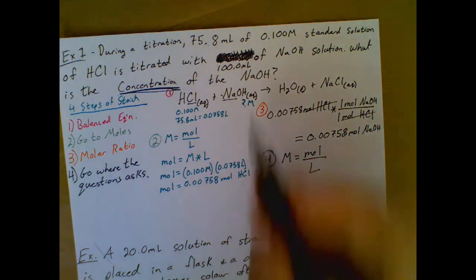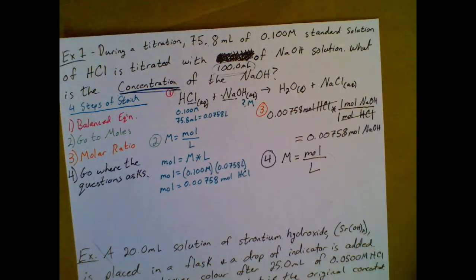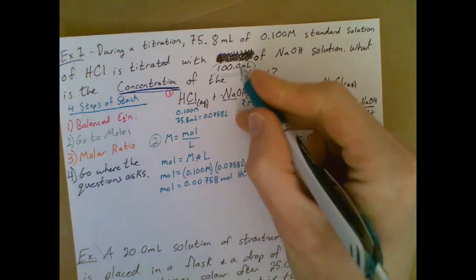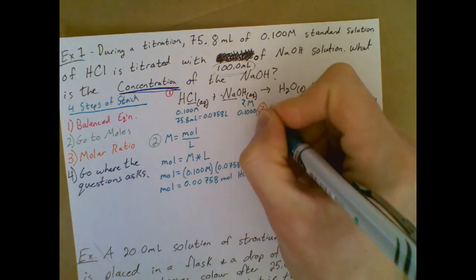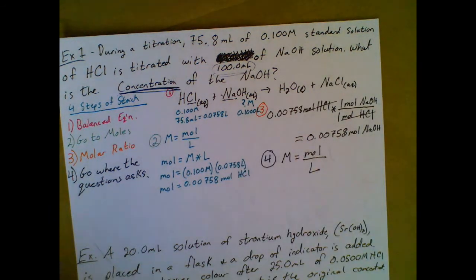Here's the other thing we know. We know milliliters of NaOH. So I'm just going to convert this straight away. This is 0.1000 liters of NaOH.